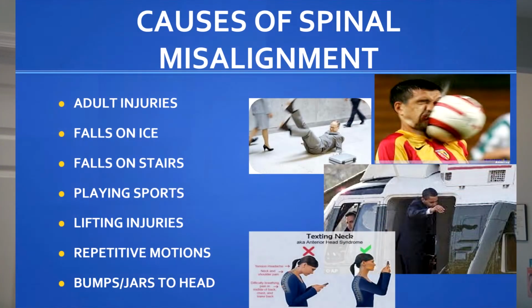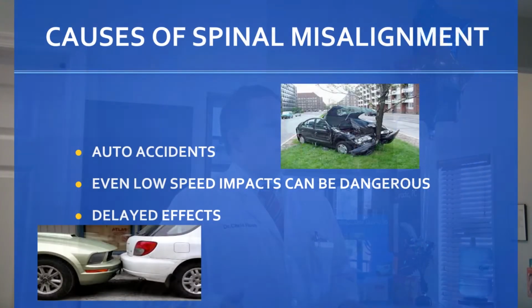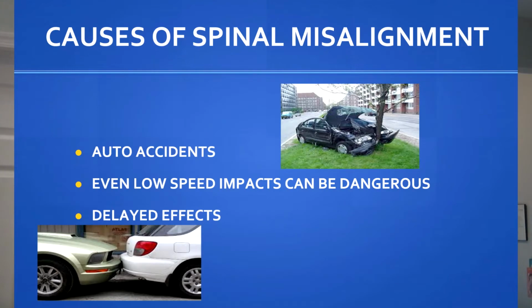So you have some adult injuries: falling on the ice, falling on the stairs. Maybe you are playing some sports. Lifting injuries. Actually, there's a new one called text neck, right? Cell phone use, computer use. Repetitive motions, bumps and jars to the head. Car accidents are a cause of spinal misalignment. Low impact speeds can be dangerous, and there are delayed side effects.